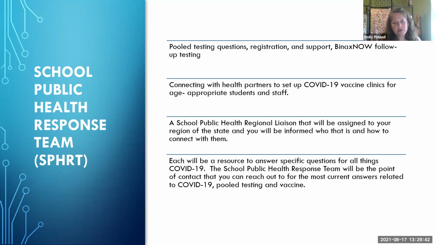The school public health response team is a group of folks who are going to be your go-to contacts for pooled testing questions, registration, support, Binax Now testing, and working through all of those processes when you have questions and you don't know what to do next. They can help you with connecting to partners for vaccine clinics for age-appropriate school staff, maybe catch-up clinics, if we ever have time to think about that.